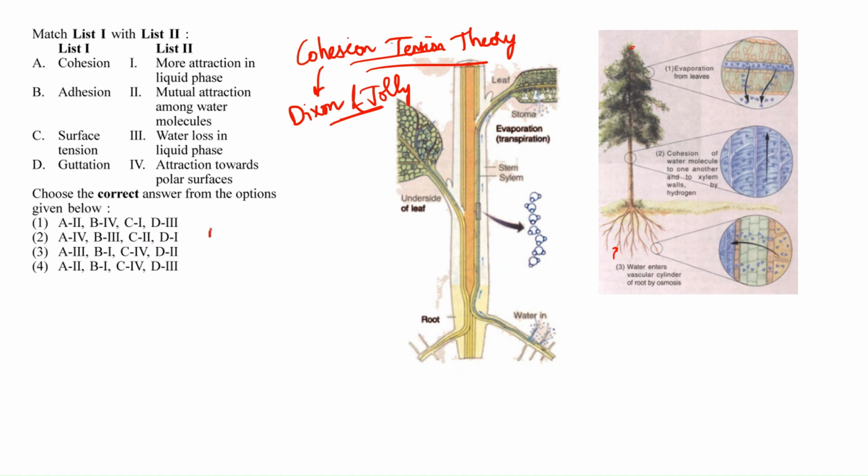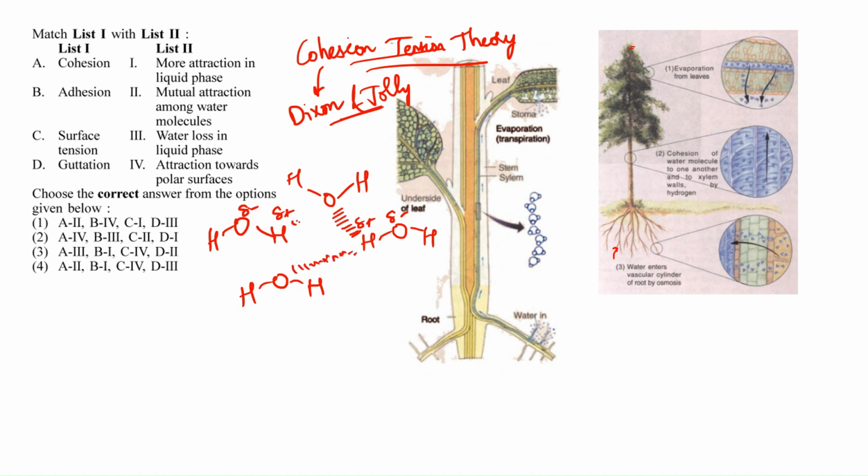We know the structure of water: it has a bent V-shaped structure. Oxygen is electronegative and hydrogen is electropositive. As a result, they start forming hydrogen bonds.